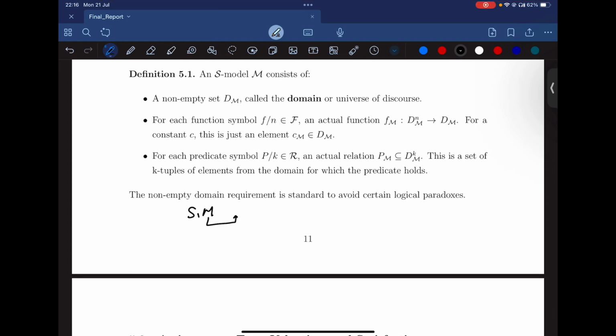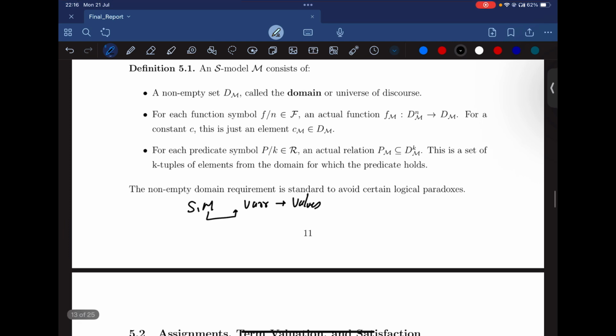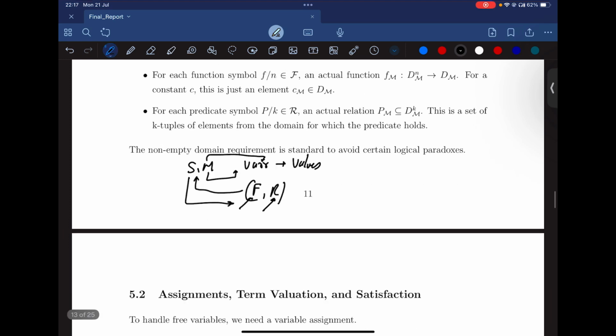Model M takes the variables and assigns them values, and then S takes, let's say, our functions F and our predicates R, and defines what our various functions are and what our predicates are. So S is the set of functions and predicates, and M is the assignment of variables to their values.